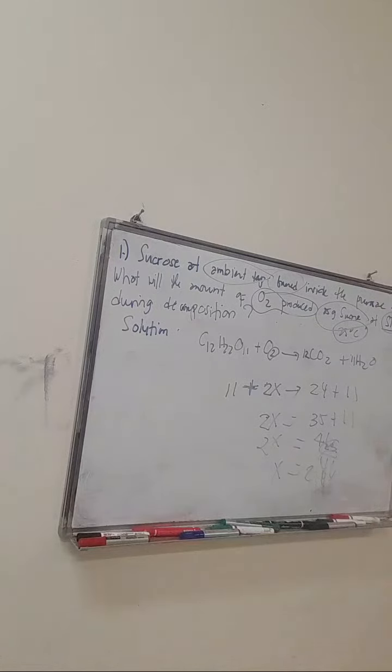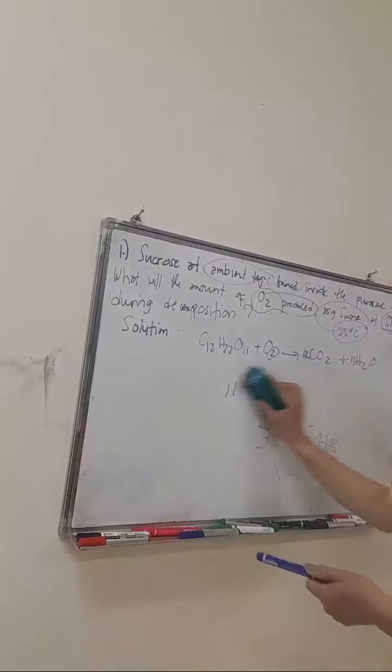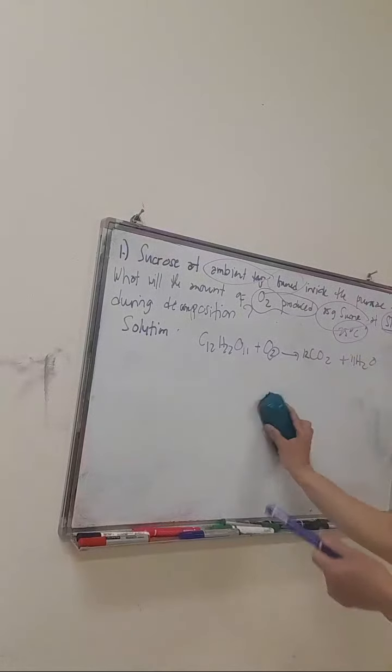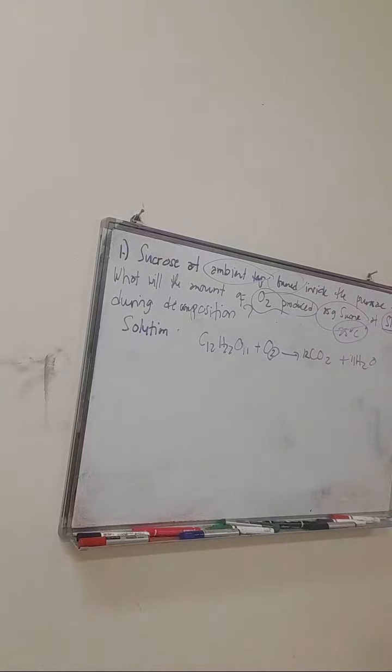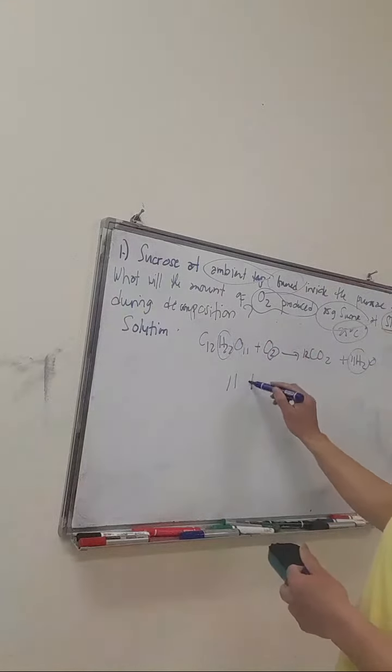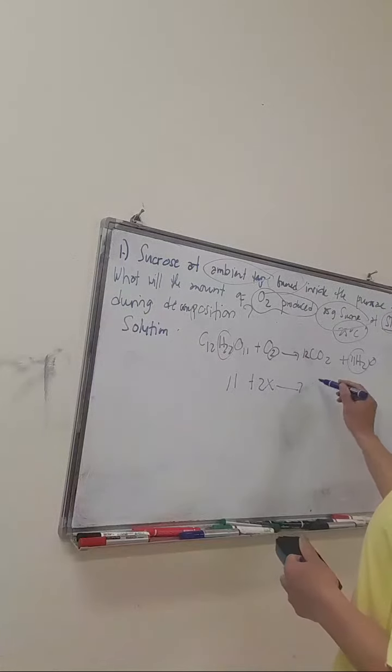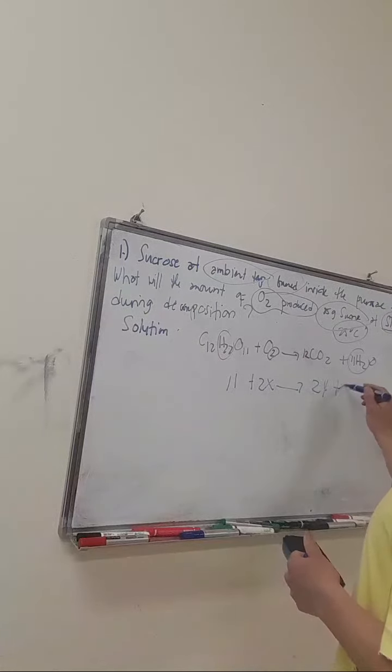Ibutang diri-ari sa oxygen. 23. So, pila na siya? 23 siya, guys. So, 24 plus 11, 35. So, 23. Okay? So, 11, 22. Then, 11 plus 2x is equals to 24 plus 11.